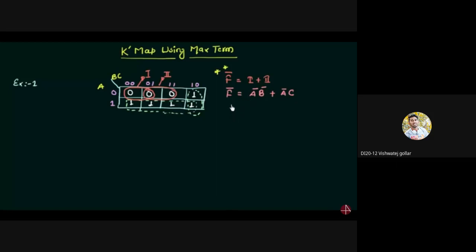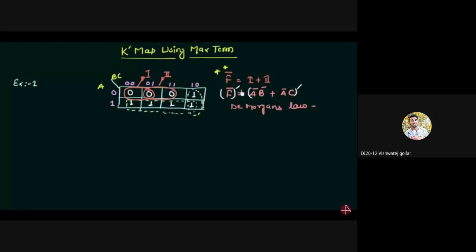Now we will use De Morgan's law, and we will take complement of both sides. So this thing will become F complement, and again its complement, and the complement of the whole right hand side.